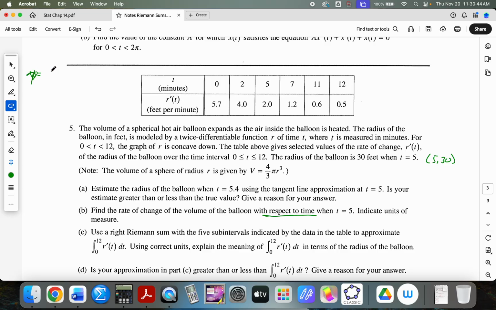And we know that the volume is 4/3 pi r cubed. So dV/dt, when I multiply the 4/3 times the 3 is 4 pi r squared. And since I'm taking the derivative with respect to time, and this variable is not time, we have to apply the chain rule. That's times dr/dt.